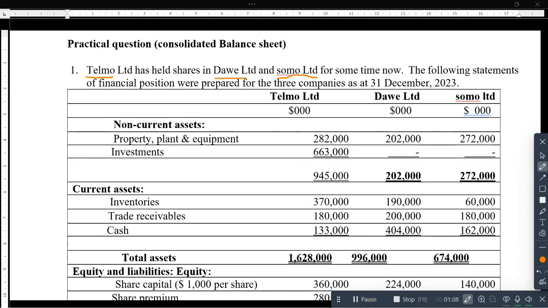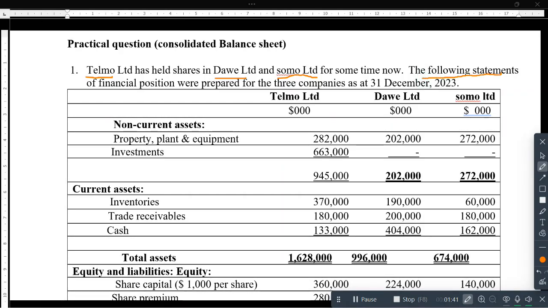Don't forget, I told you we only consolidate the parent and subsidiary. We don't consolidate an associate, but rather we account for an associate under IAS 28, investment in associate, and we take that under our non-current asset on consolidation as investment in associate. But at this particular moment, we don't know whether Teremo is a parent, Dawe a parent, or Somo a subsidiary, or it is an associate.